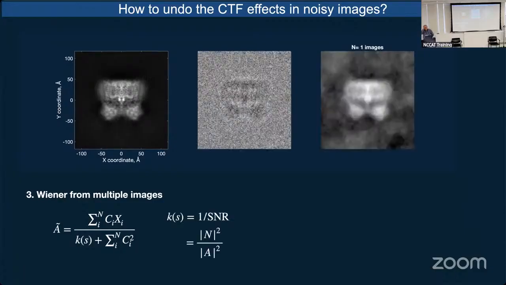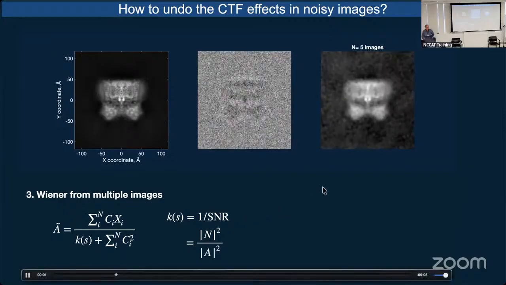We can also do a fancier Wiener filter, where we replace this constant here that keeps the denominator from going to 0 by letting this constant be 1 divided by the spectral signal to noise ratio. So that means this constant is big when the signal to noise ratio is small, and so this does a proper job of giving you a least squares estimate of what the original object looked like.